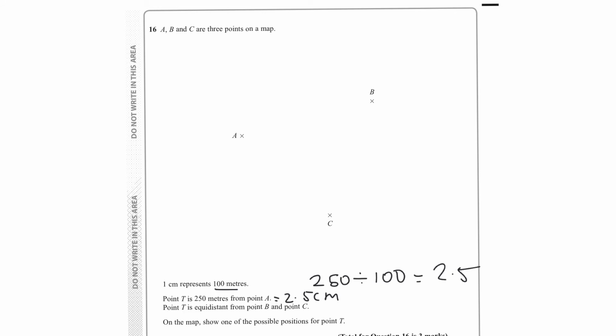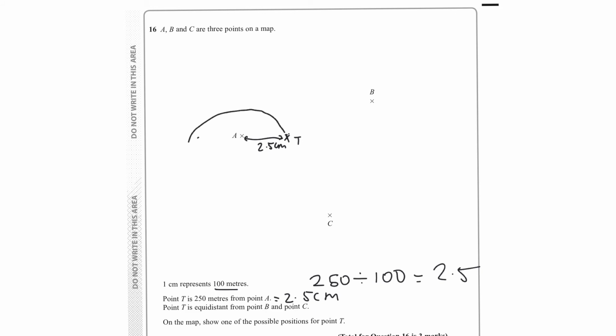So if A is 2.5 centimeters away from T, on this map, what you would need to do is draw a circle. So you would need your compass. Let's say, as a rough estimate, obviously, T is here at a distance of 2.5 centimeters. Use it now to draw a nice circle.